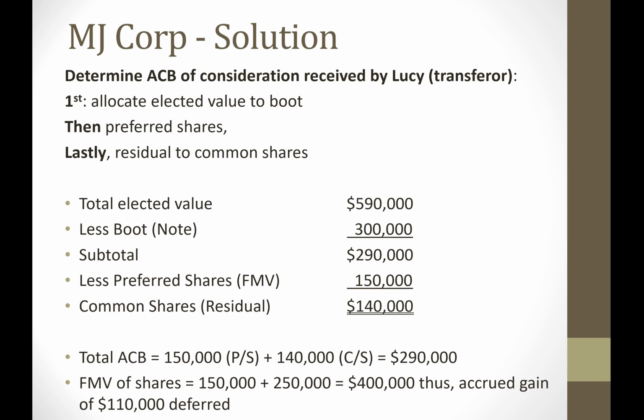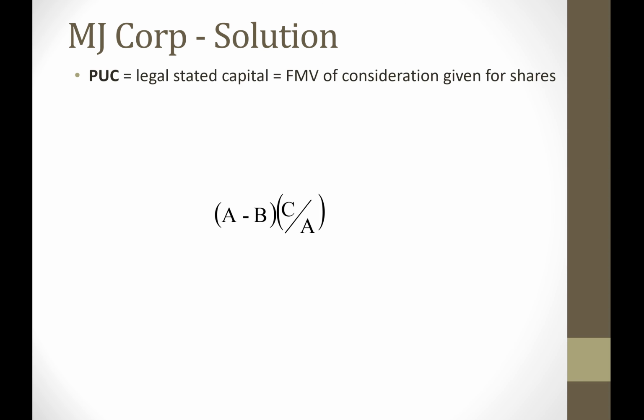Therefore recognizing a 90,000 capital gain and therefore deferring 110,000 of that gain. And so that deferred gain now is sort of built into the shares. If Lucy was to sell the shares on the very next day, she would then have to recognize the gain of 110,000. So let's then move on to the next slide and let's look at the PUC.